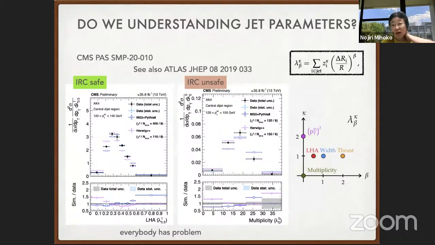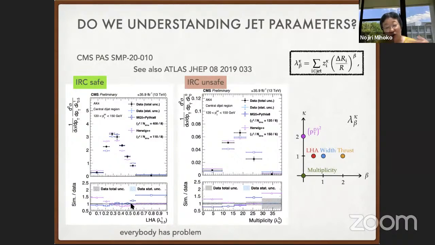On the other hand, here we can see the current situation about the Monte Carlo prediction and the real experimental measurement. Whatever parameter they are measuring, the left one is the IRC safe one, and the right one is the IRC unsafe one. And here you can see that they do not agree anyway.